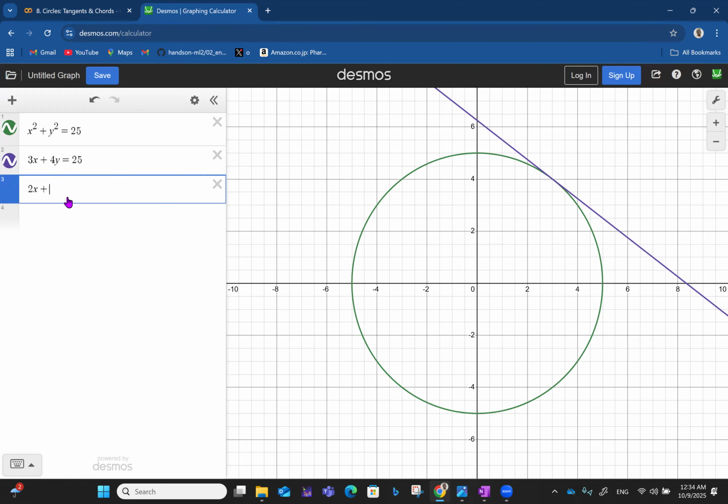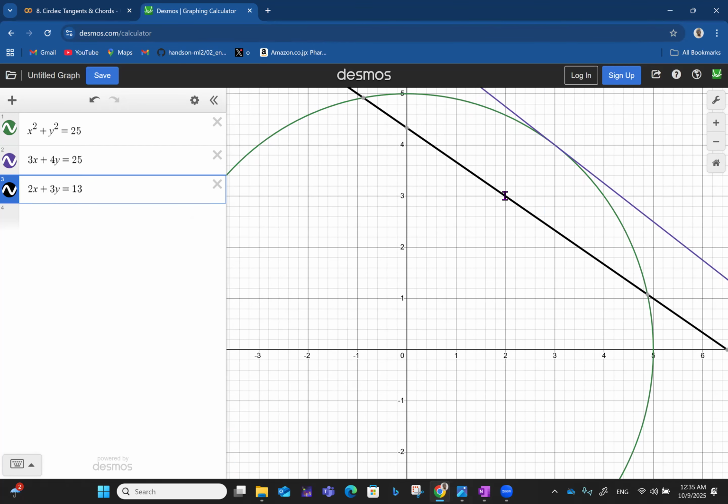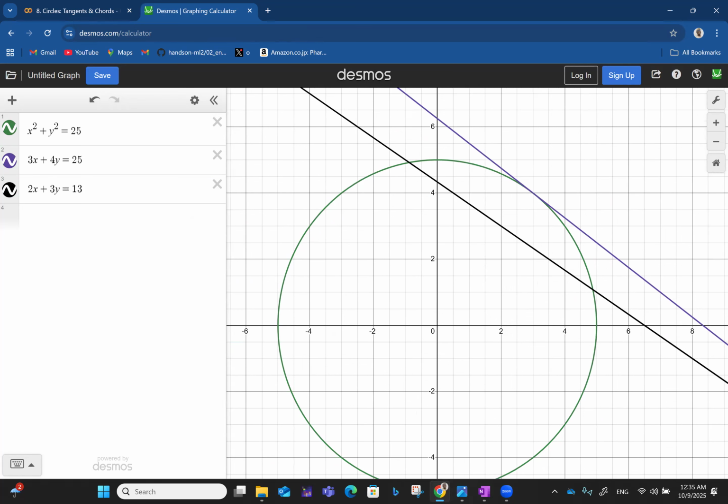You can see it's a chord centered at 2, comma 3, right here. This point is 2, comma 3, of course. So you can see that it is a chord that cuts through the circle.